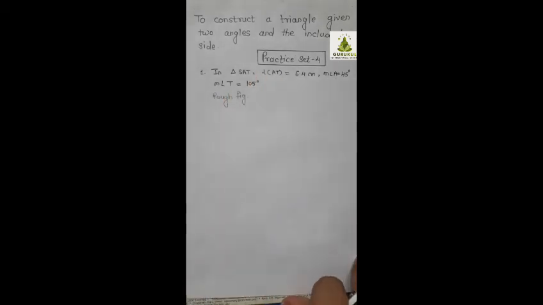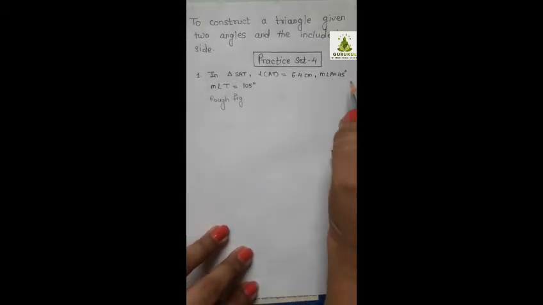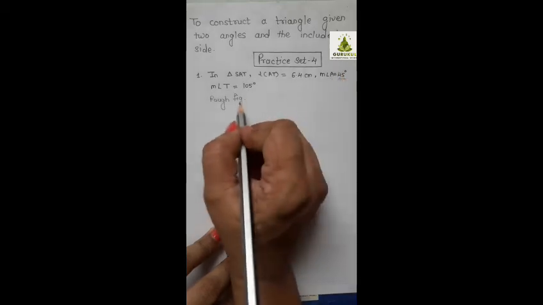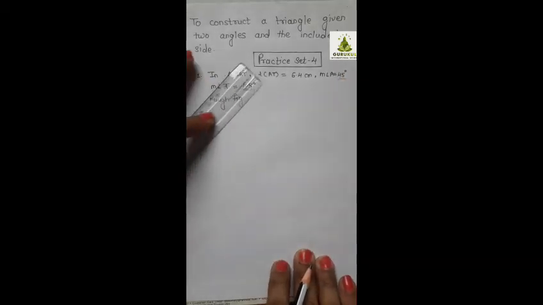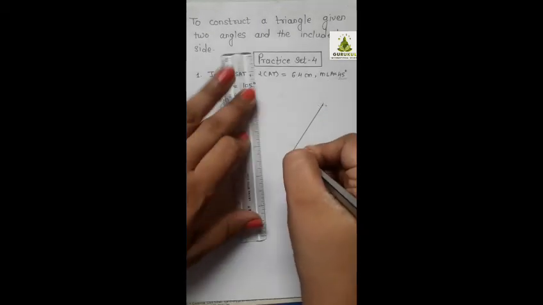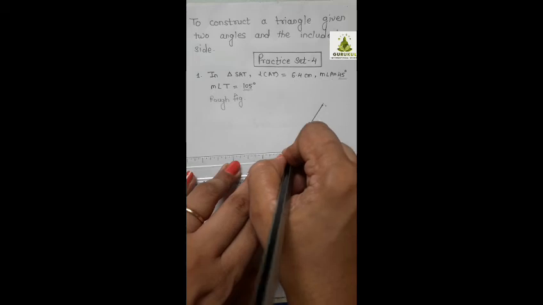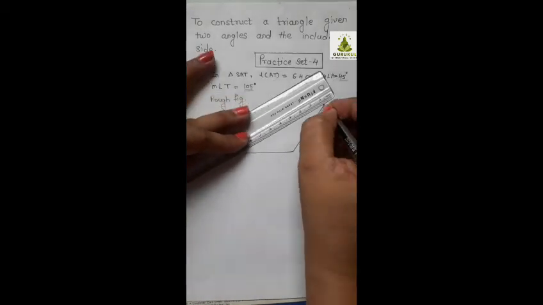So very first we will draw the rough figure. If you see the measure of angles, one is an acute angle, the other is an obtuse angle. So you don't have to measure, but randomly we can draw the triangle which has one acute angle and one obtuse angle.